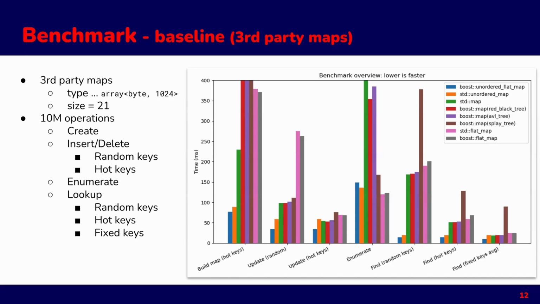So you can see that the unordered flat map is the winner in most cases. Only in the enumeration does the flat map really shine. That's as expected. And it's worth mentioning that the enumeration over the unordered maps is not a fair comparison, because in this case we are enumerating in the order the container itself gives us, and that's not the interesting order, right?